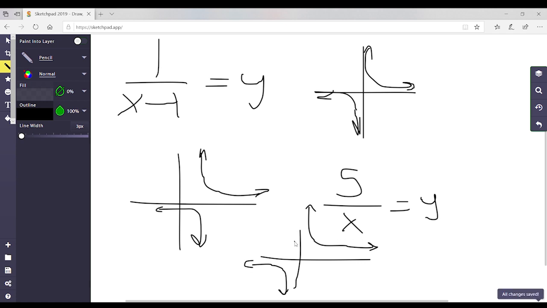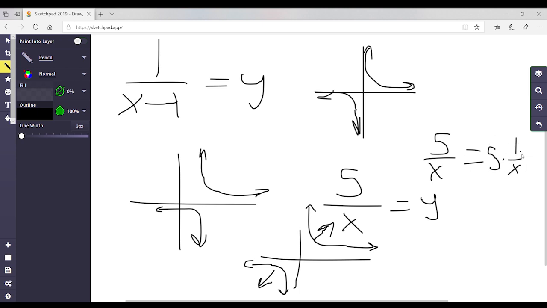So that's how we spread out these two. I don't know if you can see with my drawing, but slowly these two curves, or these two asymptote parts, are going farther and farther apart as you increase the numerator. That's because 5 divided by x is basically saying 5 times 1 divided by x, okay?